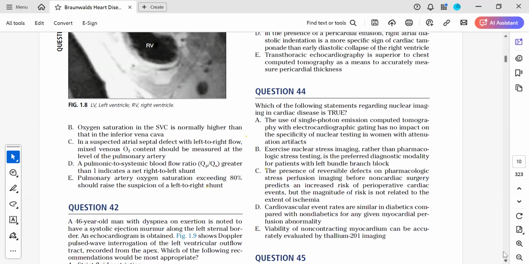So we answered the question yesterday that touched on this. SPECT is the most common imaging that is done in nuclear cardiology, and SPECT with electrocardiography gating can help to increase the specificity in women with attenuation artifacts from the breast tissue.